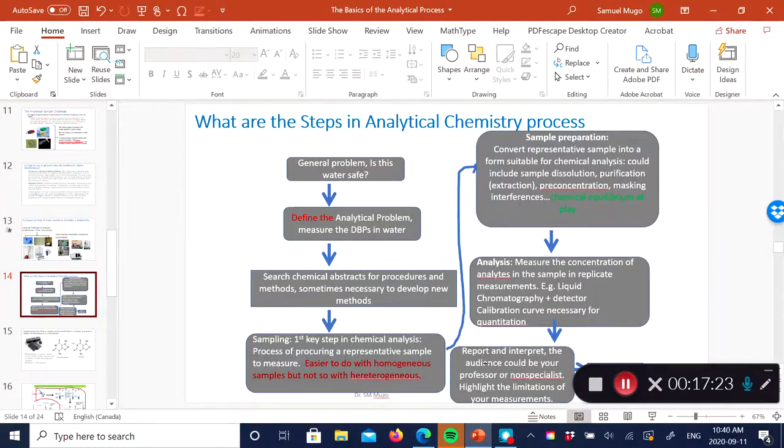And then lastly, you're going to have your signal and your data. How do you report it to a non-specialist? How do you take the data you've obtained and explain it back to answer the general problem that you had initially? So take note of all these steps in the analytical process.